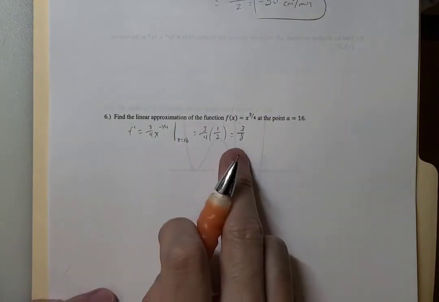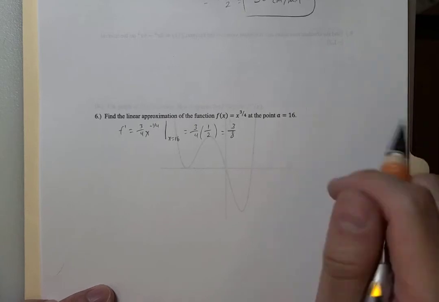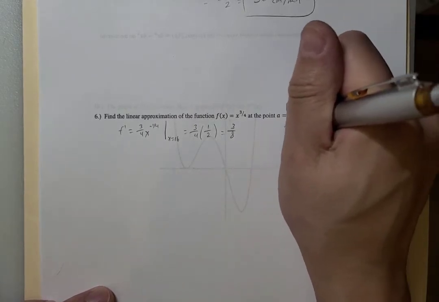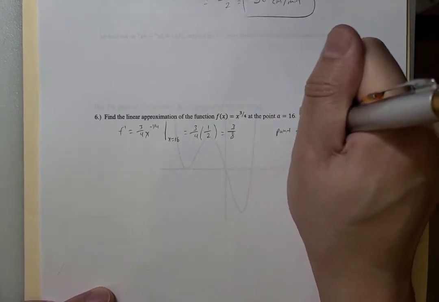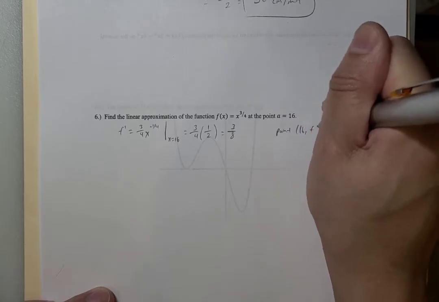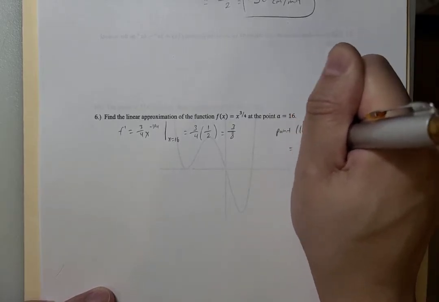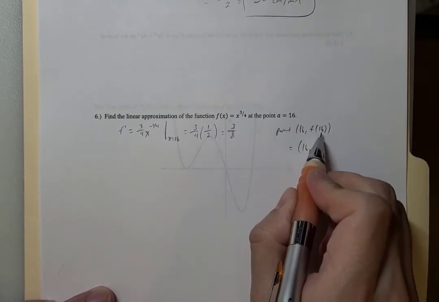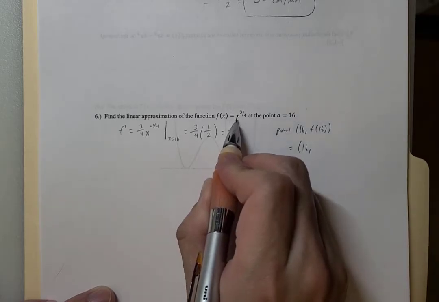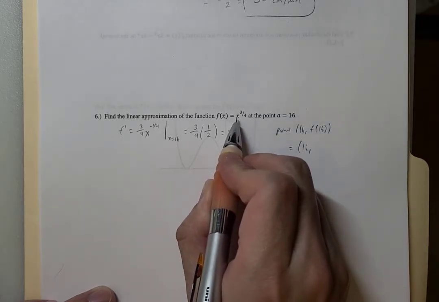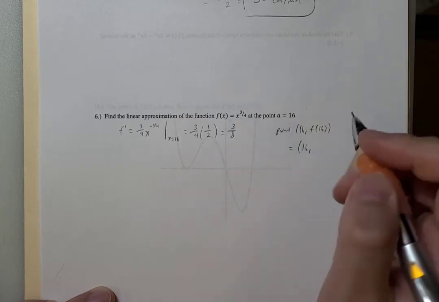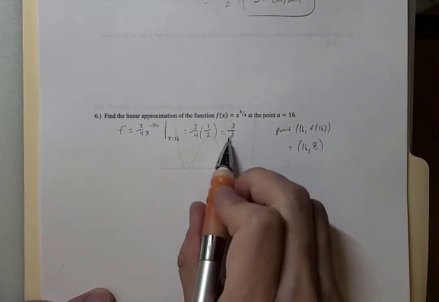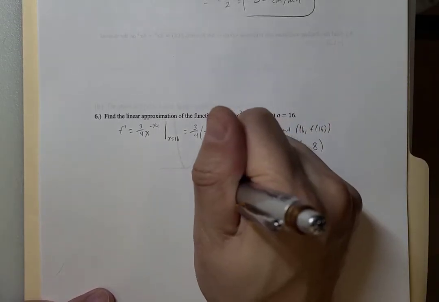Okay, this is slope. We need the point. So the point would be 16 comma f of 16, which is equal to 16 comma, when x is 16, we plug in here. So we said 16 to 1/4 power is 2. 2 cubed is 8. So we have a slope, we have a point, we can find the equation.